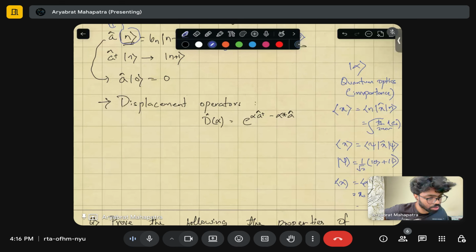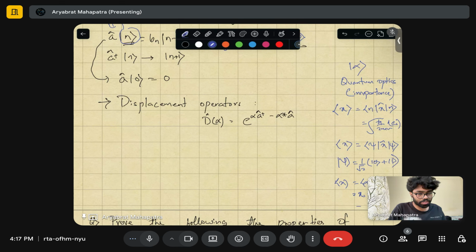And classically also we write this. How do you write classically the displacement of a harmonic oscillator system, whether it's a simple pendulum or some other pendulum system? You write the displacement as x naught sine omega t with some phase.